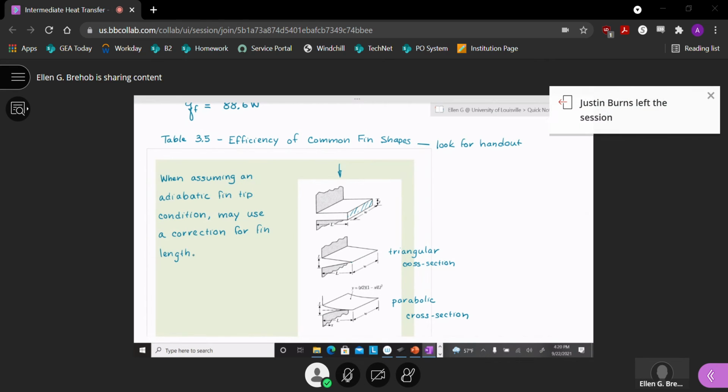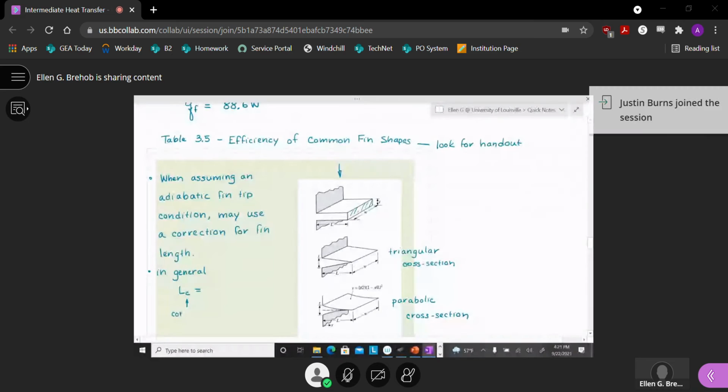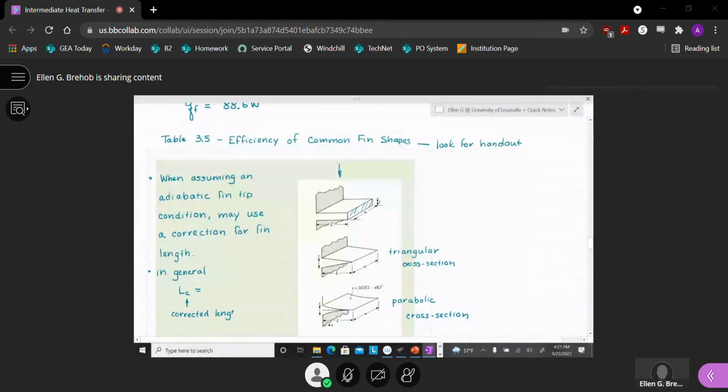So in general, the corrected length, LC is the notation our book uses for corrected length, is to take the length of the fin, and you can see how they noted it, plus cross-sectional area over perimeter.